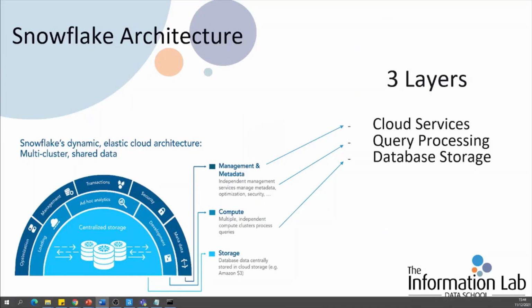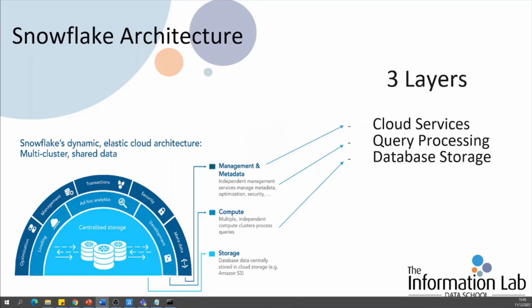So now let's talk a little bit about Snowflake's innovative architecture. It is a hybrid of traditional shared disk and shared nothing database architectures. Similar to shared disk architectures, Snowflake uses a central data repository for persisted data that is accessible from all compute nodes in the platform. But similar to shared nothing architectures, Snowflake processes queries using MPP, which stands for massively parallel processing.